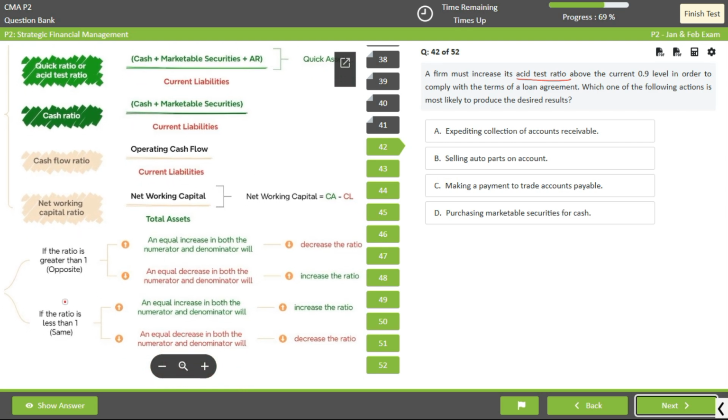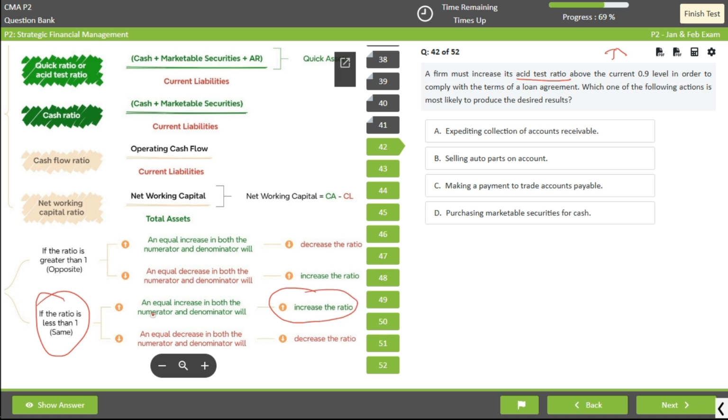So we are standing here. They are asking which action is likely to produce the desired result, so you have to increase the ratio, right?